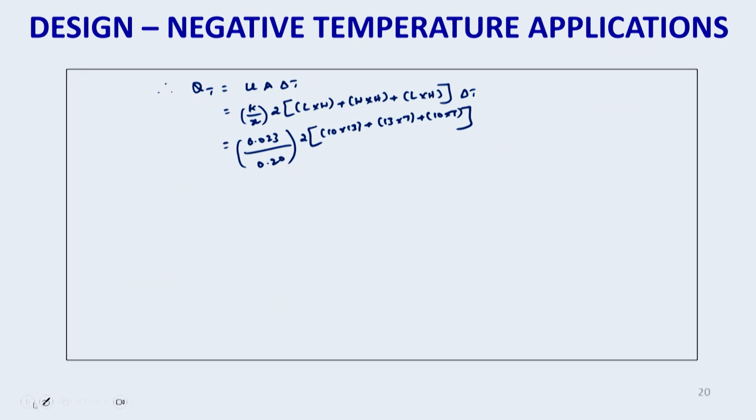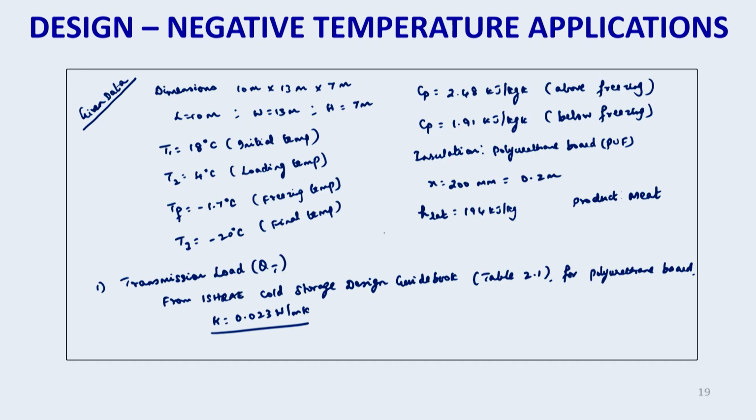So let me write that also in the given data. Outside temperature is equal to 40. Inside temperature, that is the cold room temperature, is -20.